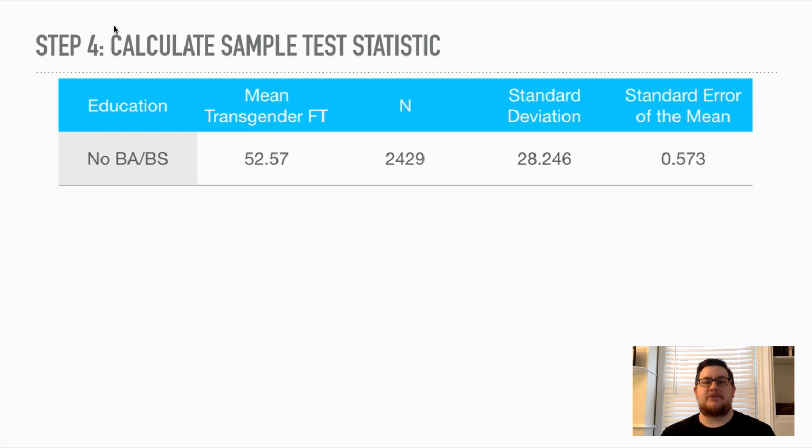Standard deviation is about 28, and the standard error of the mean, which we could calculate ourselves, is 0.573. Remember, the standard error of the mean is always just the standard deviation divided by the square root of the sample size. We don't have the population standard deviation. Okay, so that's our standard error of the mean. If you did that math, it would work out to 0.573.